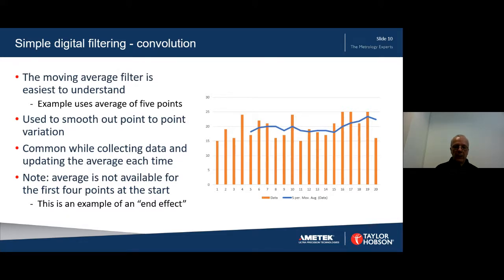The filtered line helps us to discern any underlying trend, flattening out the influence of unusually high or low values. This type of filter is very common when collecting data like this and updating the average each time. Note that the average is not available for the first 4 data points in the graph. This is an example of a filter run-up condition where an average of 5 points cannot be performed because the data set is not yet long enough.